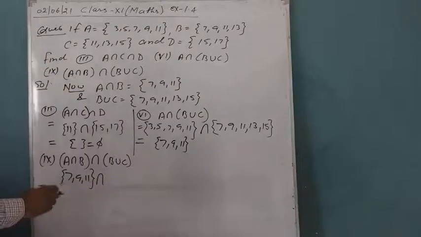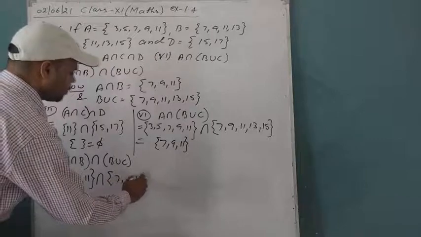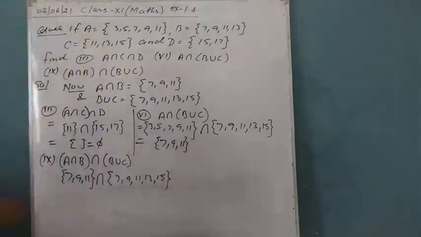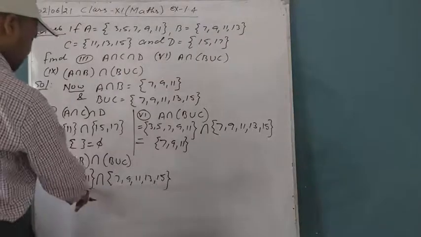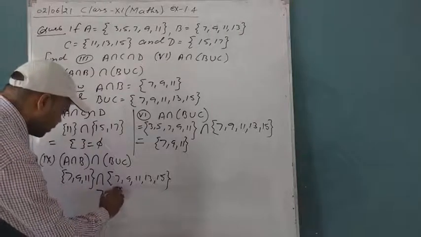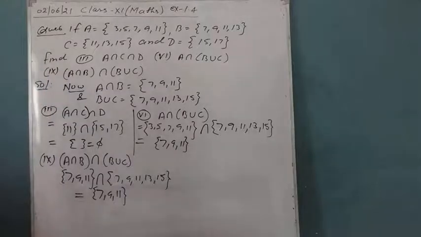Intersection B union C, this is 7, 9, 11, 13 and 15. So find the elements common to both sets. This is 7, 9, 11. This is the answer.